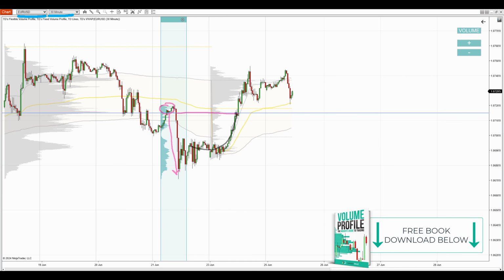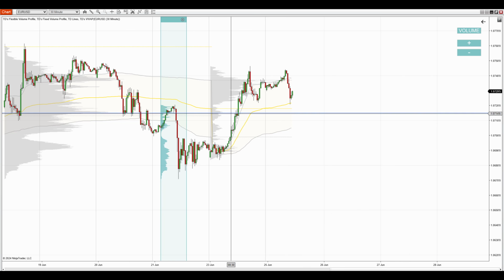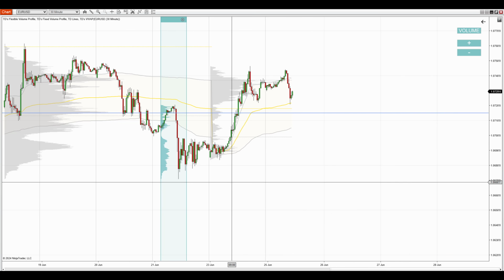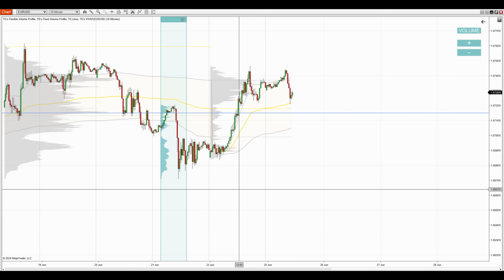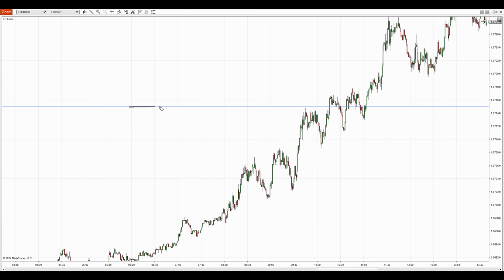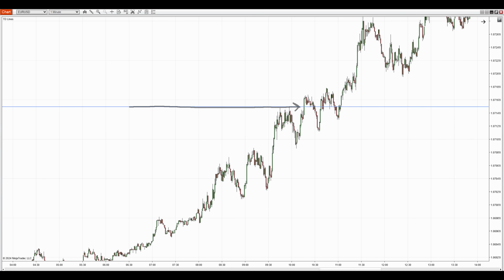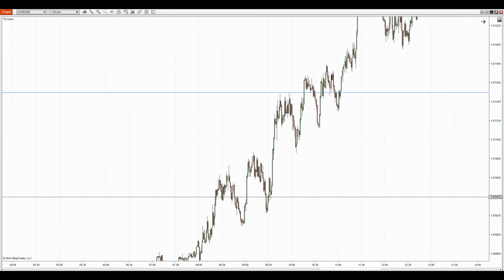Now, the way I was trading this was I actually skipped this trade. Let me show you why. Let me switch to the 1-minute chart here. This is the level, the short level. And if you look at what happened before the price reached the level, let me zoom in a bit.